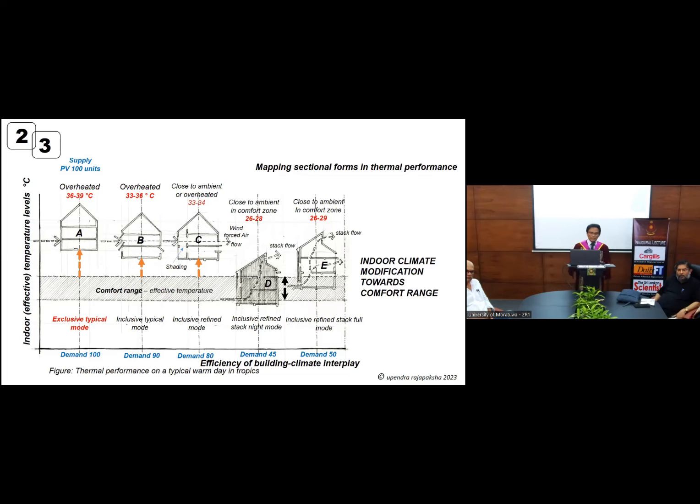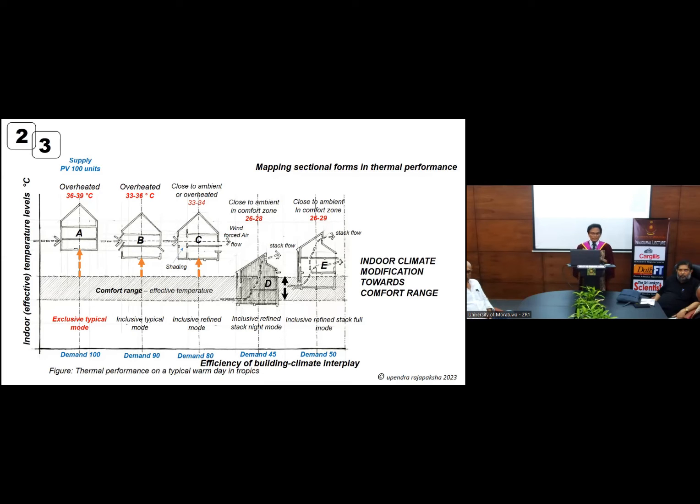The next model is C. C has some protected windows with shading. When there is a window, it can be recessed to create some shading or a veranda. Then it can refine some of the hot air, but still it will be at the ambient level. Because the ambient level is 33, it will be around 33 or 34. That is an inclusive refined mode.